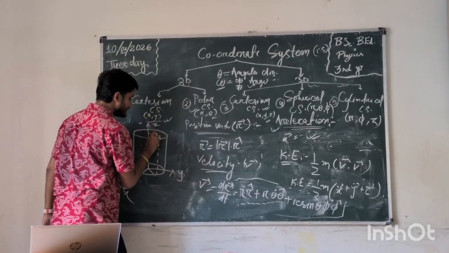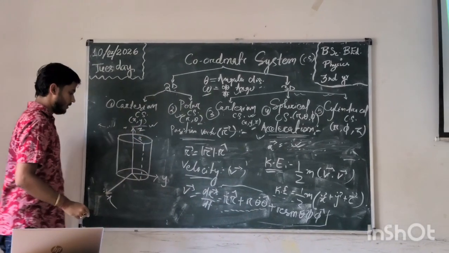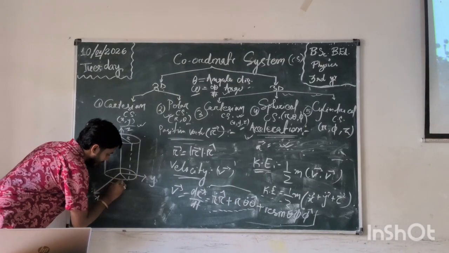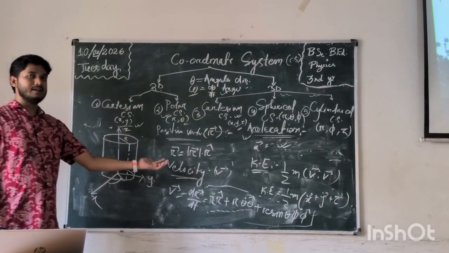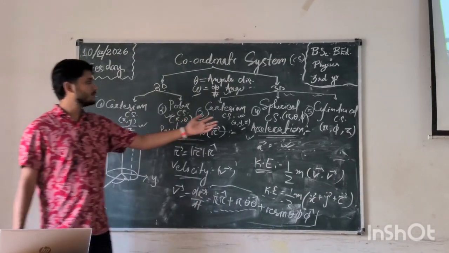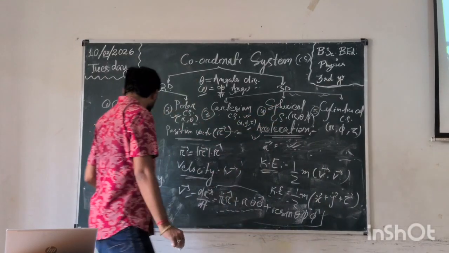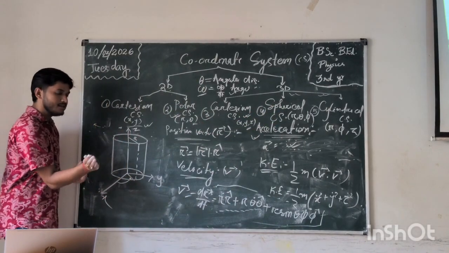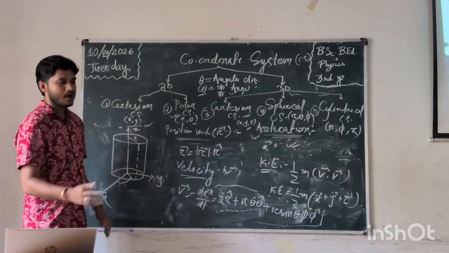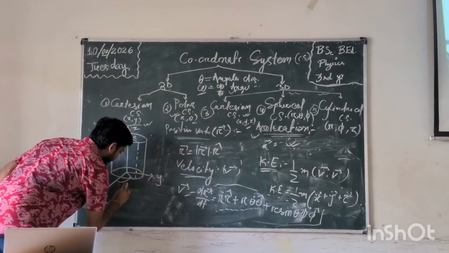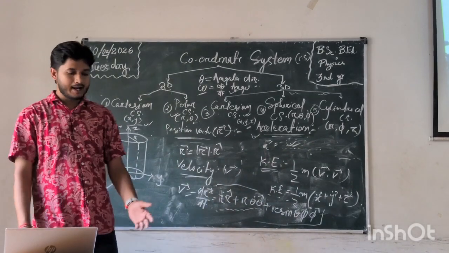This distance is r, and the angular displacement from the x-axis, like in the spherical coordinate system, is phi.